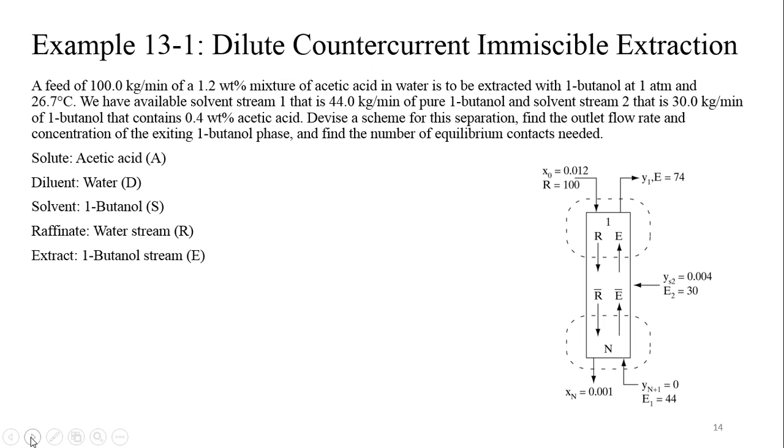We know that the concentrations are changing continuously as we go through at each equilibrium stage. We're coming in with a feed that has some significant amount of acetic acid in the water. It may be possible for us to think about feeding the solvent streams in at two separate locations within our equipment.